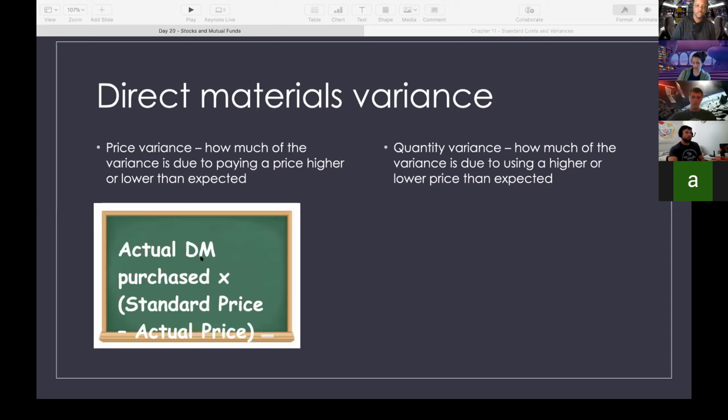So the price variance: actual direct materials, assuming purchase and use are the same, multiplied by the difference between the standard price and the actual price.